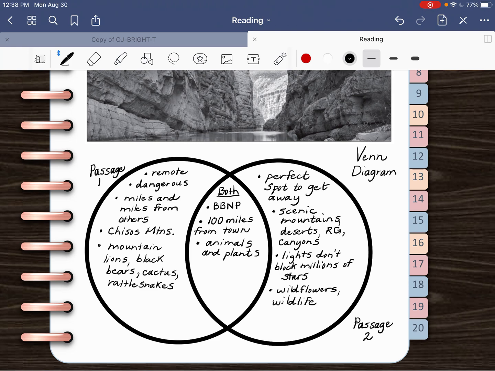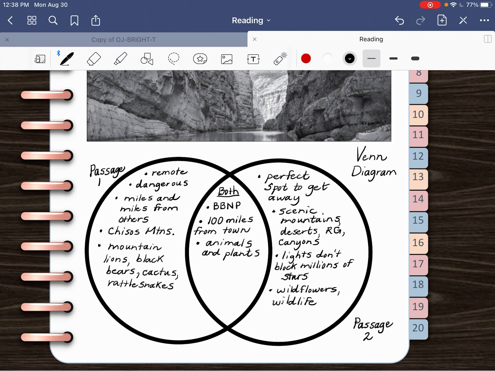So you can see that even though both authors are talking about the same topic, their points of view are very different. The author of passage 1 says that this is a dangerous, remote place. Passage 2 says it's the perfect place to get away.